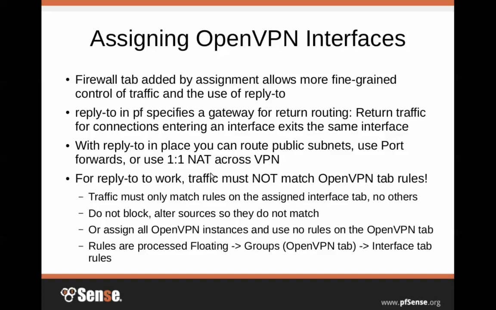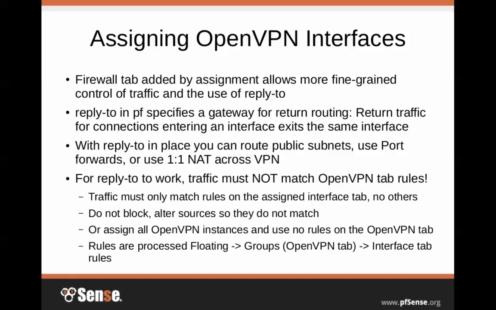The firewall tab that's added by the assignment, like if you go to Firewall and Rules, you'll get a tab there for the VPN. It allows more fine-grained control of the traffic for this. However, there's a bit of a quirk, which is on the last bullet there. The rules are processed, the floating rules first, and then the groups, which includes the OpenVPN tab, and then the interface tab rules. So if your OpenVPN tab rules have a pass all, these rules will never get hit.